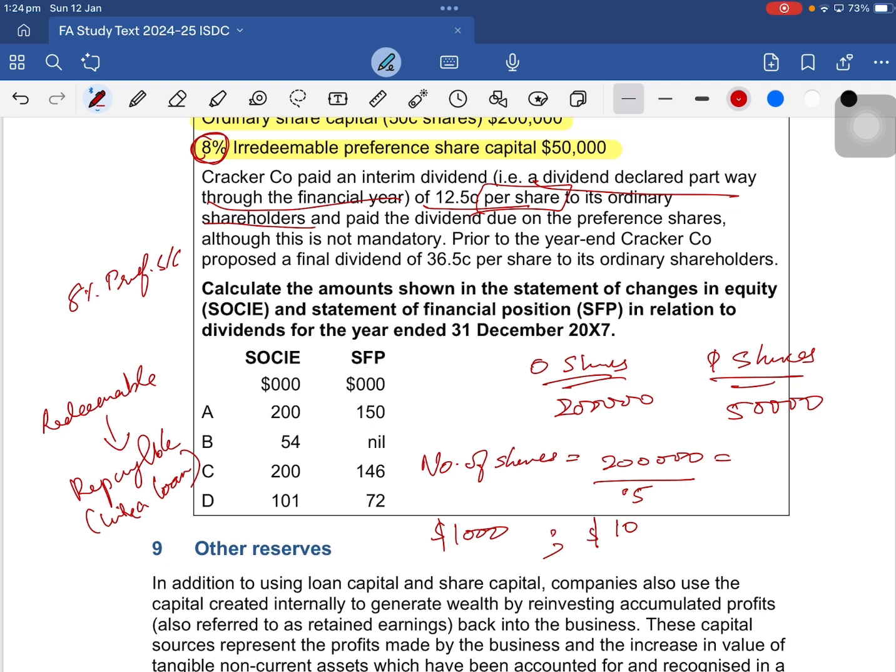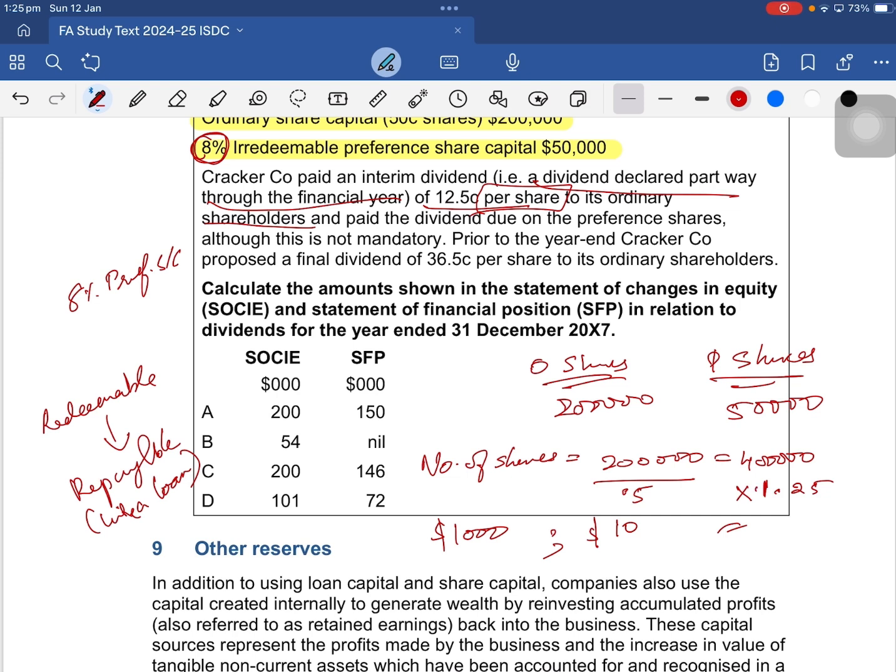So 200,000 divided by 0.5 is 400,000 shares. Clear? Into how much do you pay for one share? The dividend is 12.5 divided by 100. How much is it? 0.125.